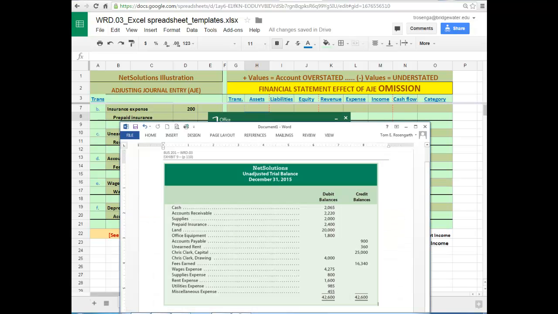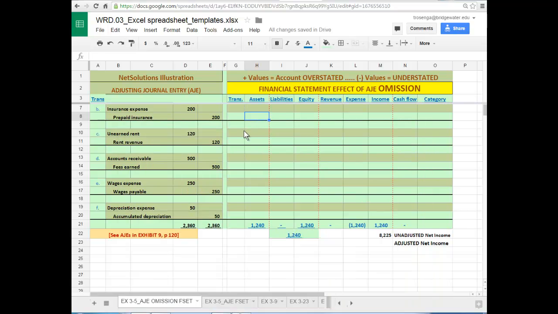Let's just take a look at the financial statement for prepaid insurance. You can see that the balance is $2,400, and we would not have reduced it by this $200 amount. So the prepaid insurance would have been overstated in the amount of $200.